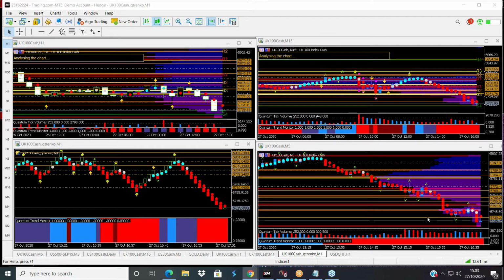I've got a particular reason for the FTSE, other than obviously we've got a nice piece of price action going on at the moment, and as we can see, it has paused at a very important support level on our Camarilla indicator. Support and resistance, you have to find a way of defining it on the chart.